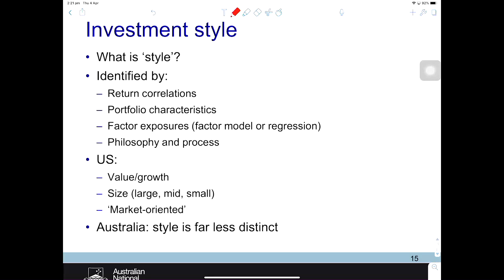Because in the US, their performance is usually benchmarked to a specialized index. If you're a small cap manager, your performance is valued against the average performance of all the peers managing small cap equity funds or the small cap index.